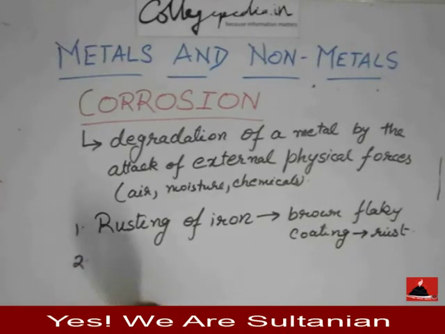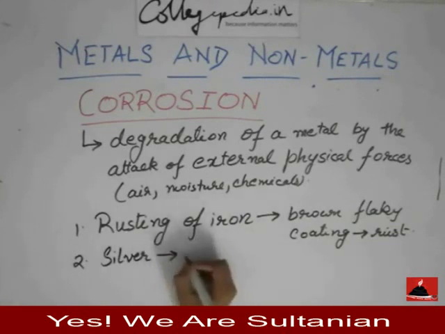And there are other forms of corrosion also, like if you have seen silver, if it is kept for a long time, when it is exposed to the atmosphere, it develops a black coating.